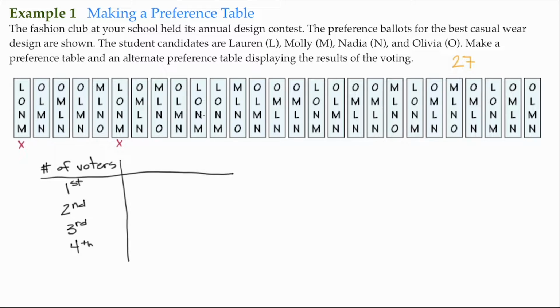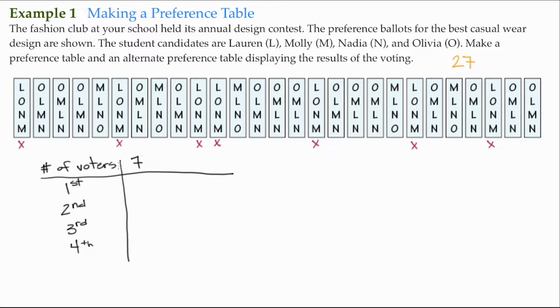And all I'm going to do is tally up the ones that have L-O-N-M. Here's another one here. That's 3. Here's a fourth one. A fifth one. Here's one right here. Here's a sixth one. And here's one right here. That's 7. So there were 7 ballots.